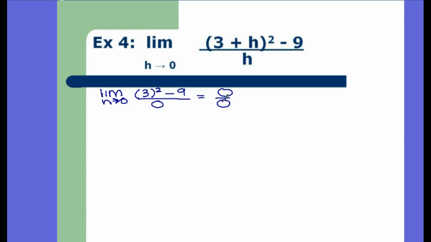How could I simplify this? What would your first thought be? Without changing the problem at all, what can I do? Yeah? I separate the tops into 3 plus x squared over x minus 9.